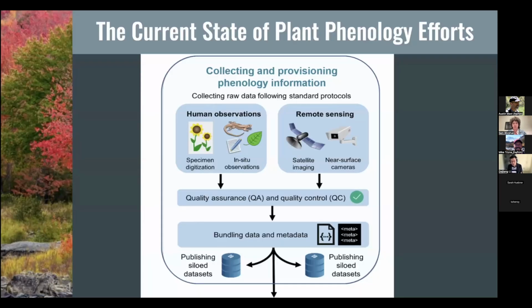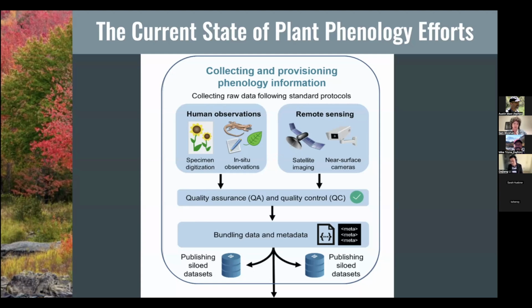And so where are we in terms of collecting plant phenology data? Largely we're talking about two types of phenological data. The first one is from human observations, like the in situ observations. In the US, we have national phenological networks, and all the countries have different types of networks too. We also have specimens, right?